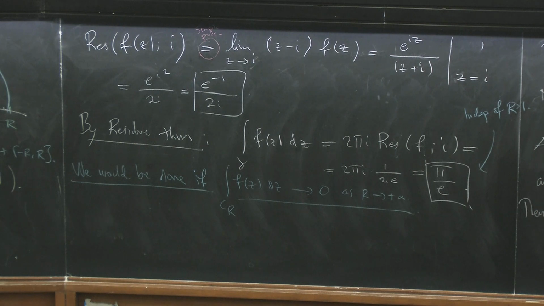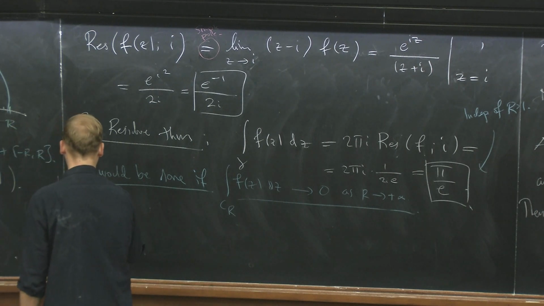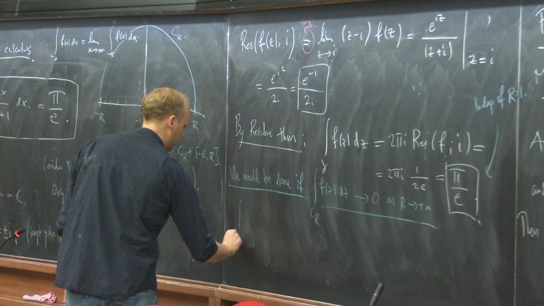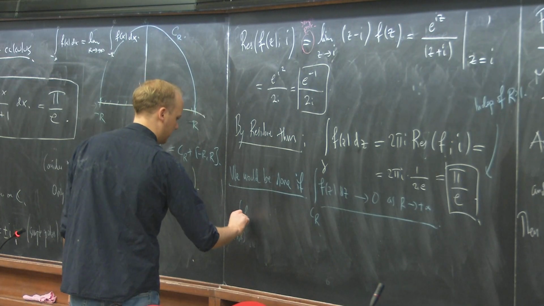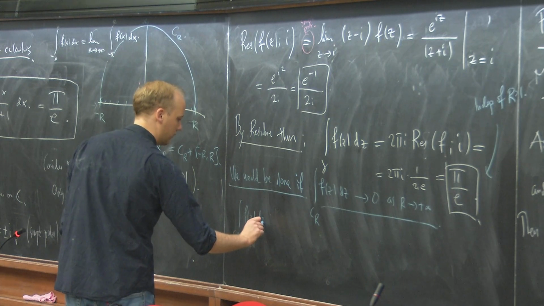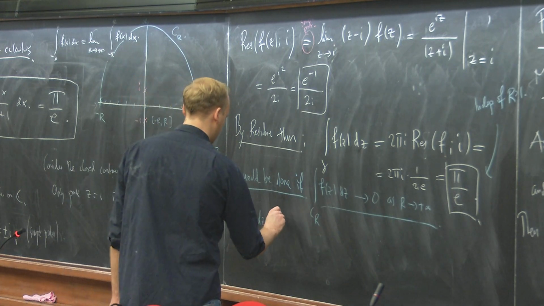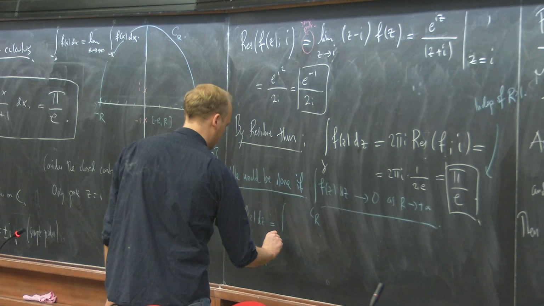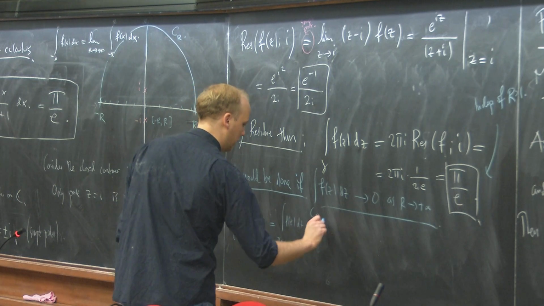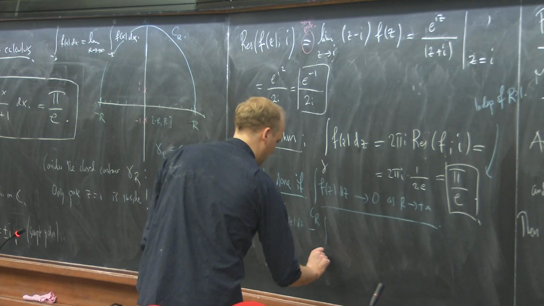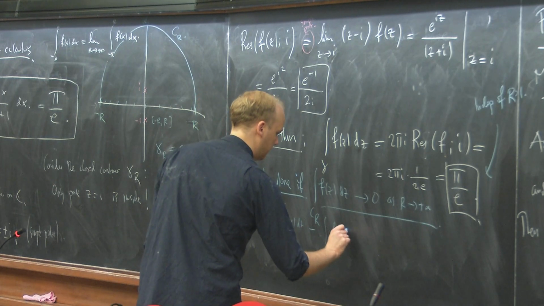Well, it's because we know that the integral that we're interested in is this, which is equal to the integral along gamma r of f of z dz minus the integral along CR of f of z dz.